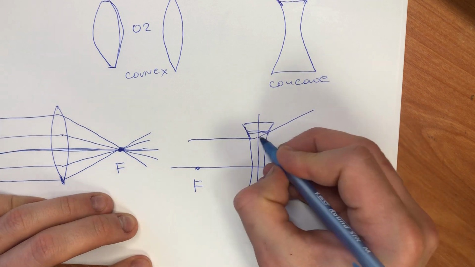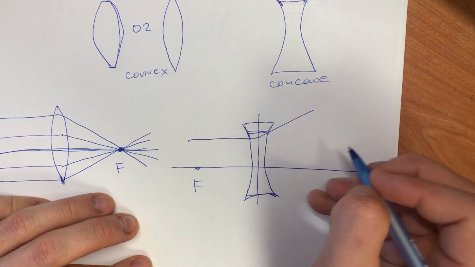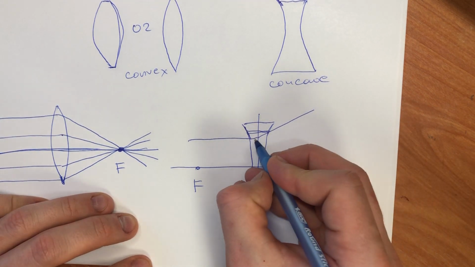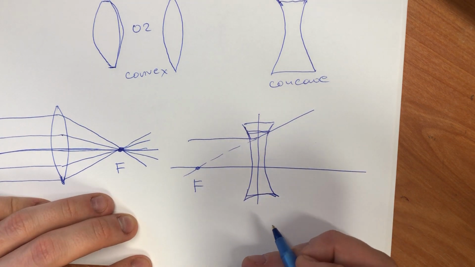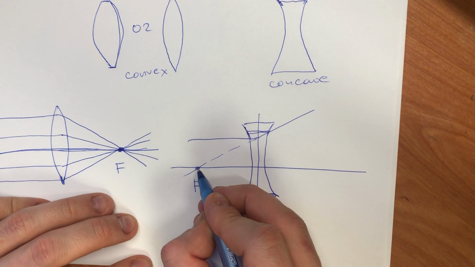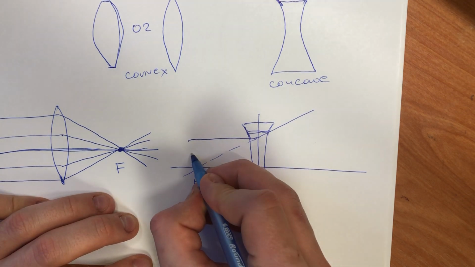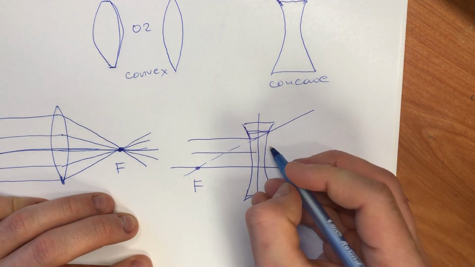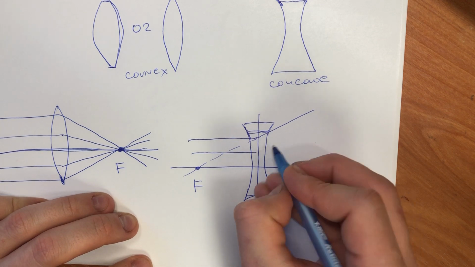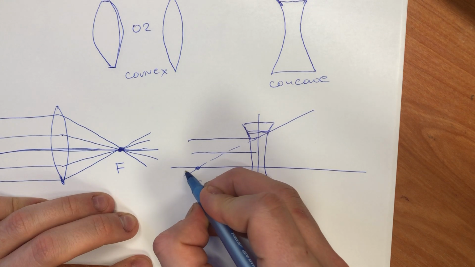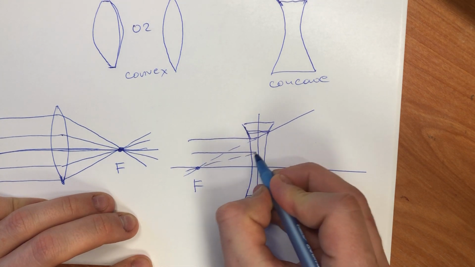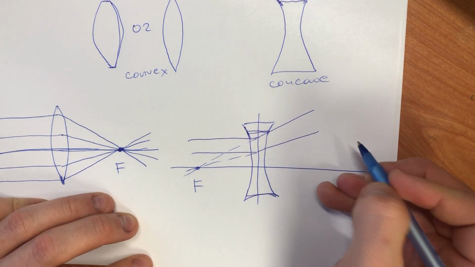So this light ray is diverged to this angle, let's say, and its extension goes through this focal point. When we have this light ray, it is bent so that its extension goes through the focal point.